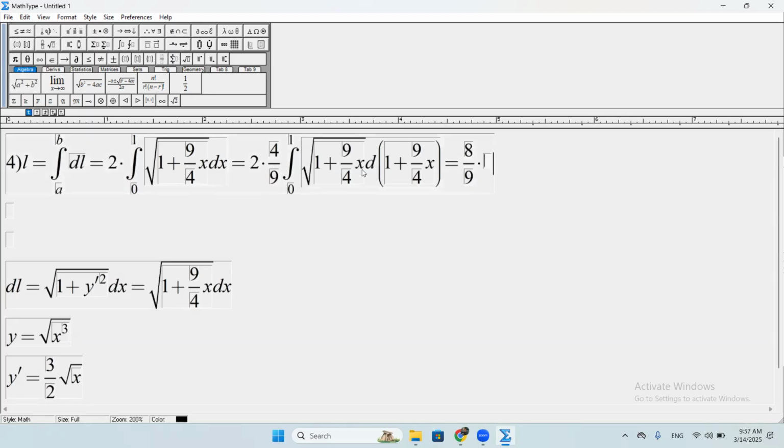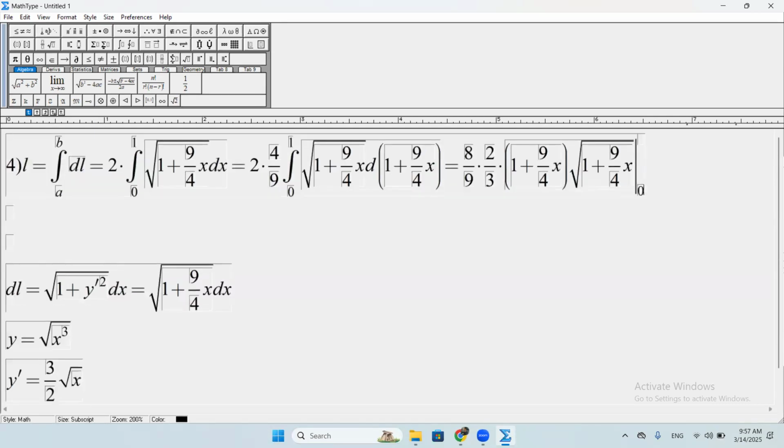And what do we have here? Yeah, 8 over 9 by 2 over 3, and the following expression from 0 to 1.